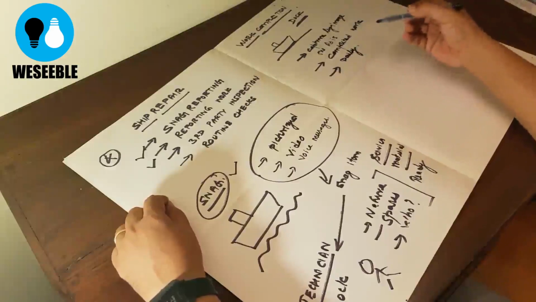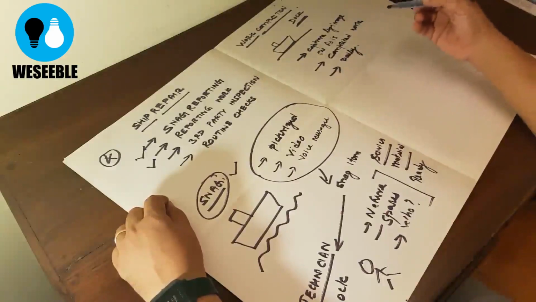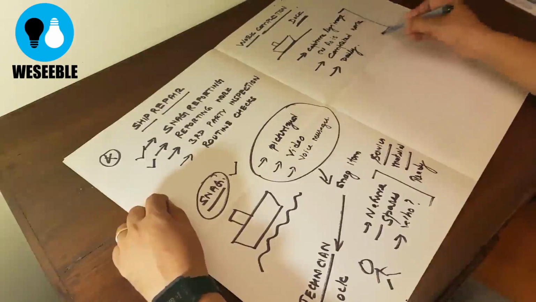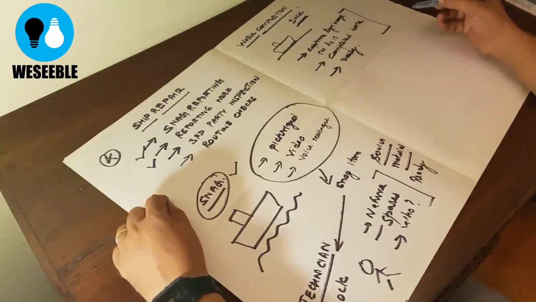So the customer, be it a shipping company sitting in a different part of the world, gets to see the status of the work updated on a daily basis, and the billing, invoicing and payments are also based on evidential reports which are generated through the application.